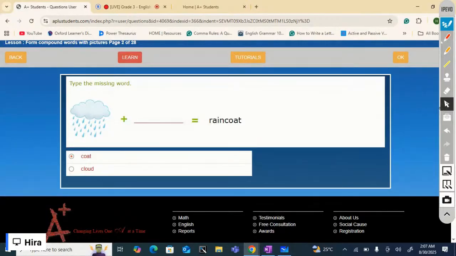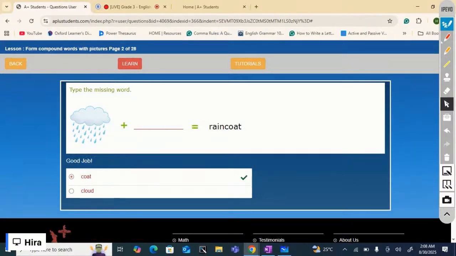And rain has a separate meaning, the natural phenomenon, and coat, a piece of clothing. When you combine these two, you get a new word, raincoat, and it's another piece of clothing, something that we wear on our clothes to keep them safe from rain. So raincoat, it's a compound word.